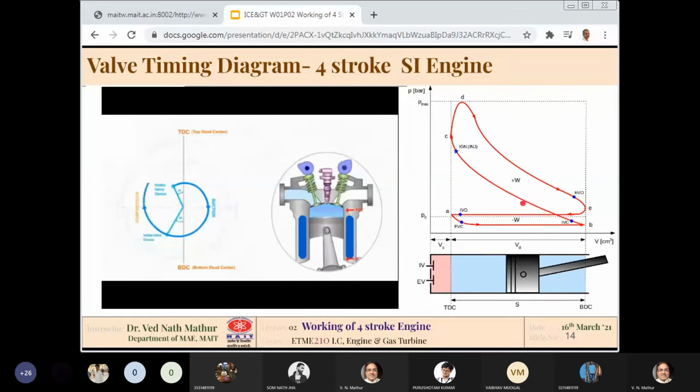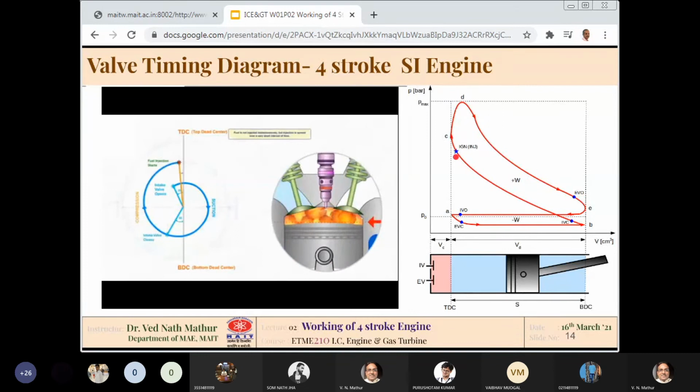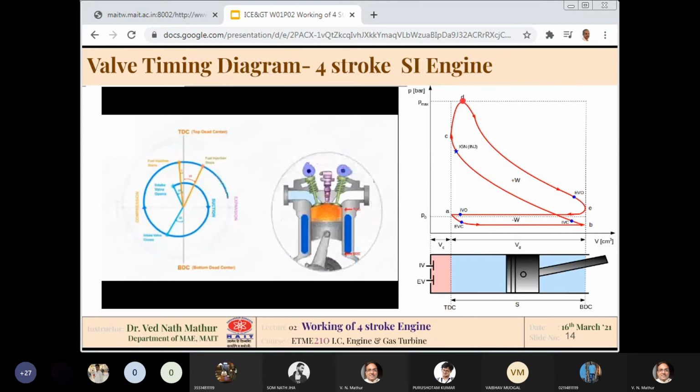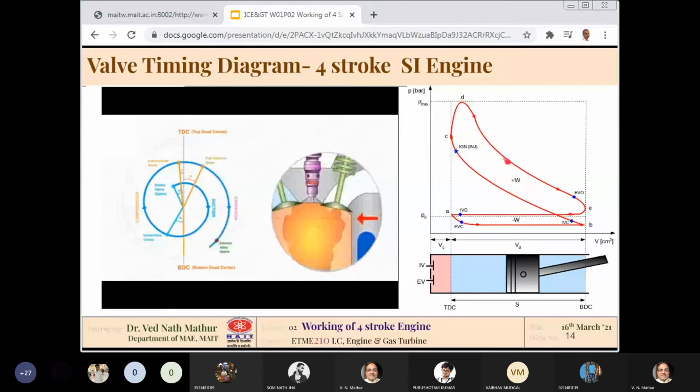And then compression takes place. And somewhere here, if it's an SI engine, ignition is initiated, or if it's a CI engine, then injection takes place. And now from this point the direction changes. Up to this point is combustion. Combustion is very close to top dead center position, though it's not a vertical line. And then expansion takes place.